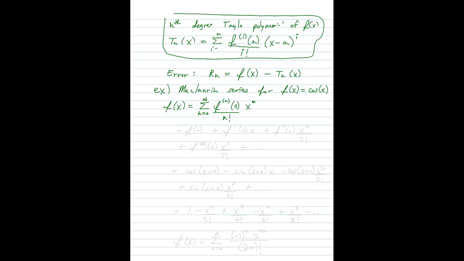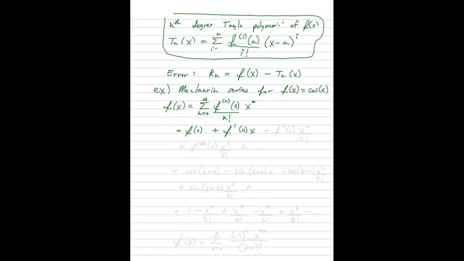Okay? And a great way to get this problem started is to just write out a few terms. For n equals 0, we have f at 0. For n equals 1, we have f prime, the derivative, times x.